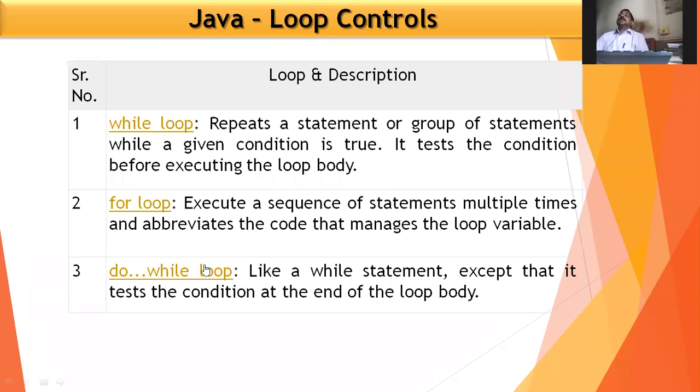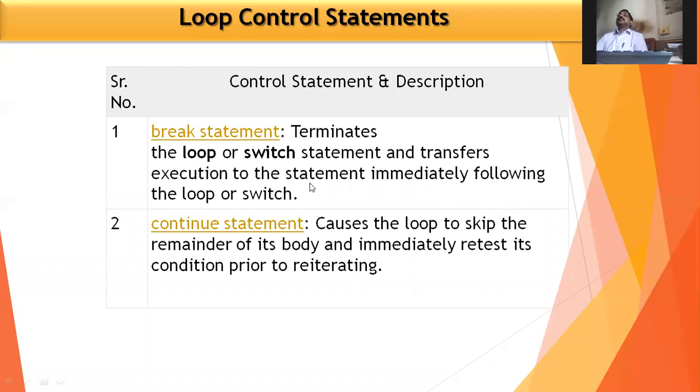Okay, so these are the loop controls. We have already seen these decision making and loop controls in C language. So all those different statements are very similar to C language statements. Now the control statements which we can use in our decision making and loop statements.